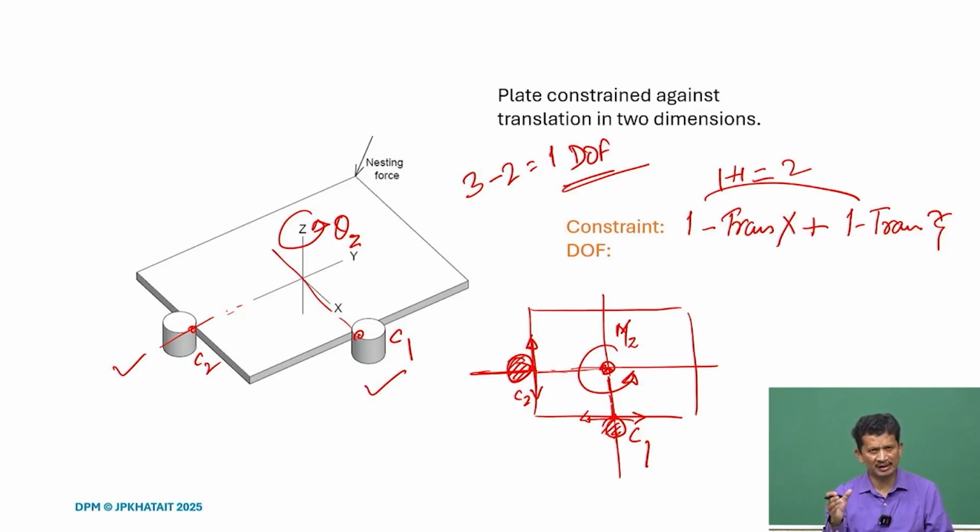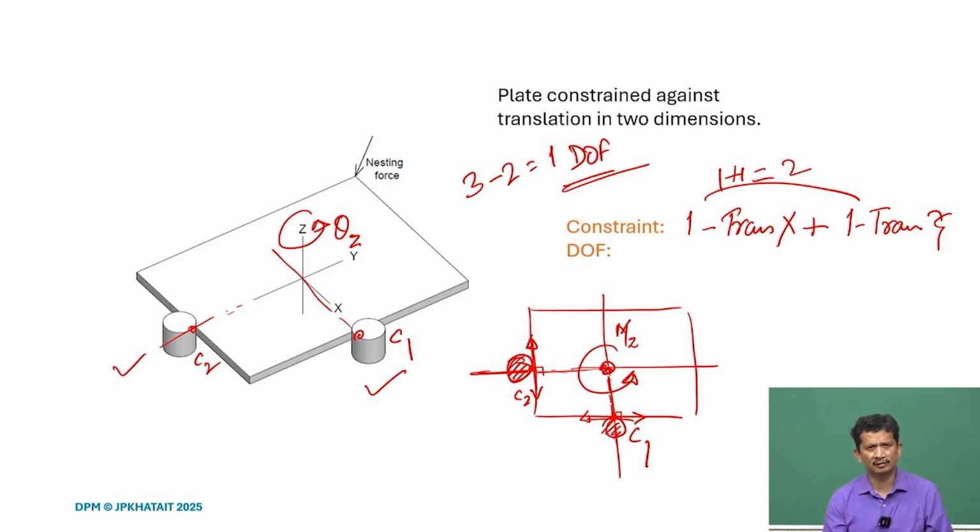Because of that theta z, there will be translation at the points which is tangential, perpendicular to the constraint, and therefore C1 and C2 cannot provide a constraint to that rotation, and it can rotate.